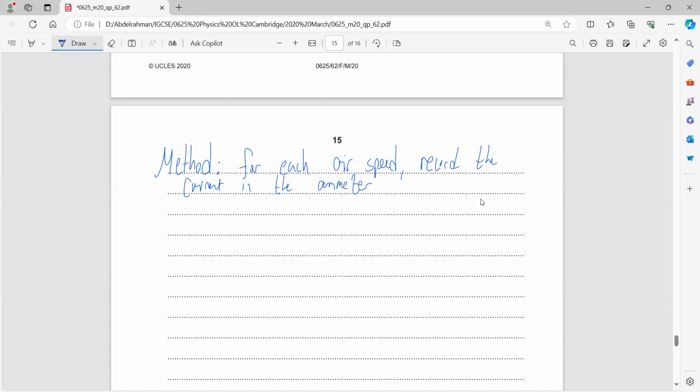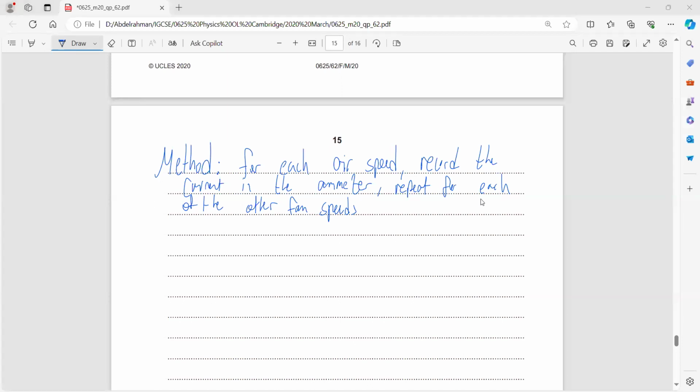And then you have to say, repeat for each of the other speeds. You must say that: for each air speed, record the current in the ammeter, repeat for each of the other fan speeds. That's it. Literally, that's the whole method. You do not have any more details you need to write down.